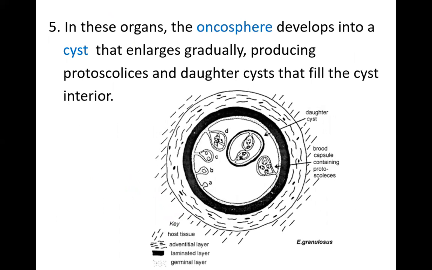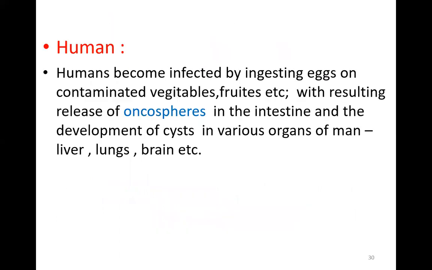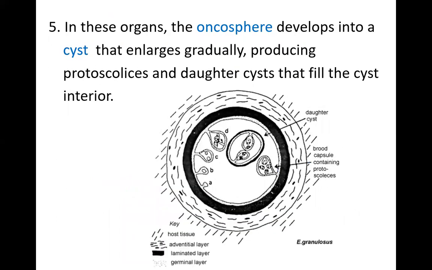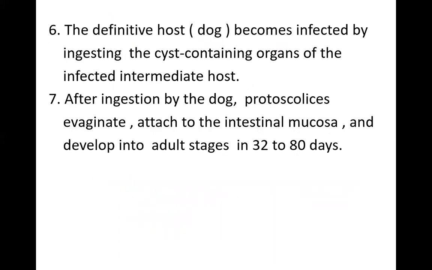And this is a picture of the hydatid cyst, which contains a large amount of fluid in it, brood capsules, and daughter cysts. The definitive host dog becomes infected by ingesting the cyst-containing organs of the intermediate host.